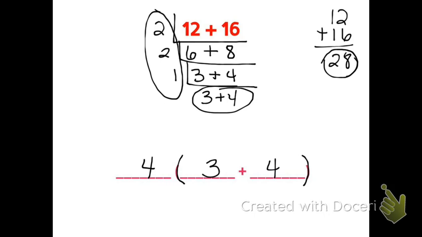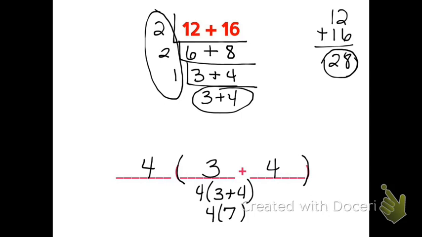So, if we were to follow order of operations, I'm going to write this in a way that may look a little more familiar to you without all those big lines. So, what do we do first in this kind of problem? The parentheses. So, we're going to add, 3 plus 4 and get 7. Now, who has already learned what that means when you see a number next to parentheses? Okay, a few of you. Not many.